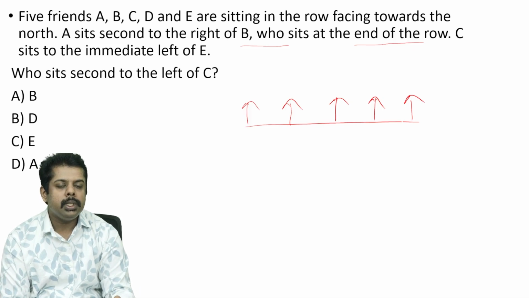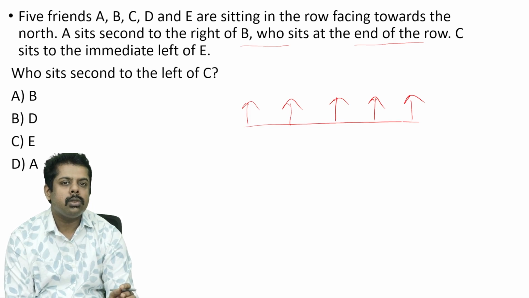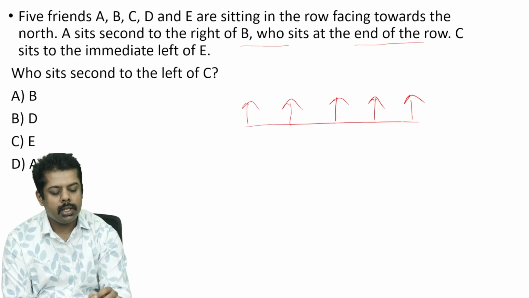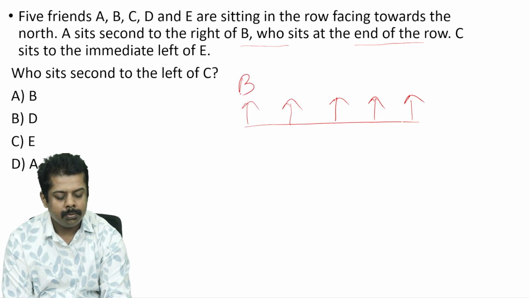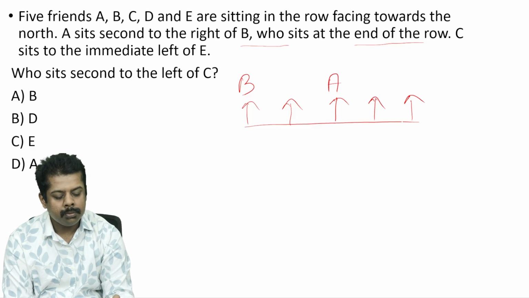So that simply means we have to decide which end B is going to stay. To the right, B has to have space, so B has to be sitting at the left end. So B has to be here. Then only we can fix A second to the right.